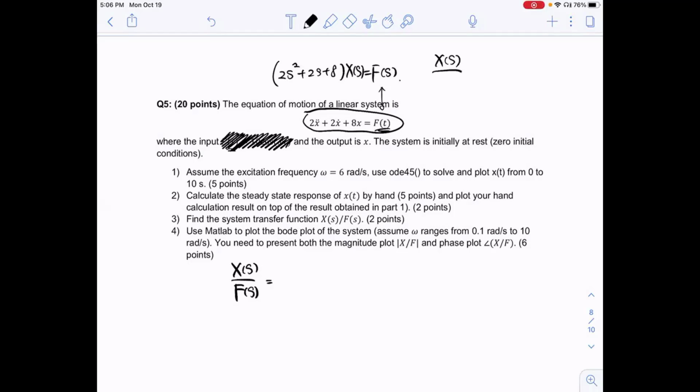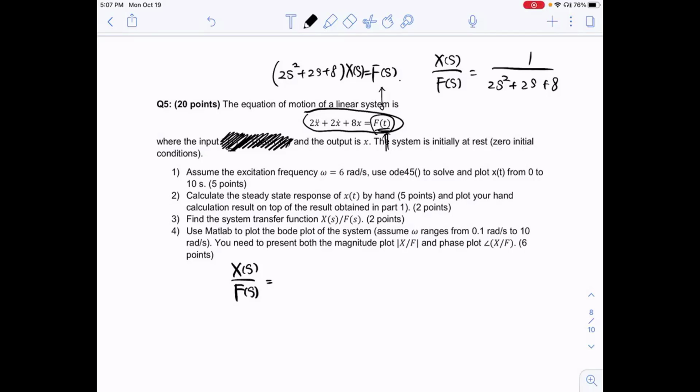So that means your X(s) over F(s) is something like this. So you cannot change your inputs. For example, in this case, your f(t) is directly given. You don't care about the amplitude of f(t). That won't change your transfer function. You just treat it as a whole, do Laplace transform for the entire thing, and then put it on the right-hand side.